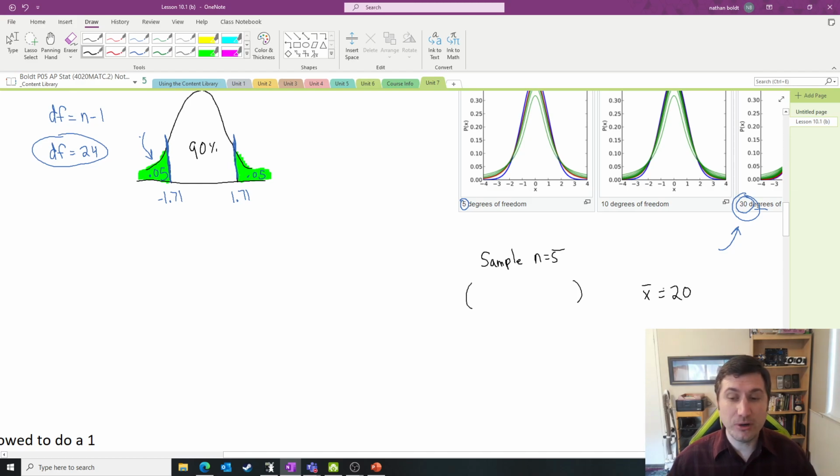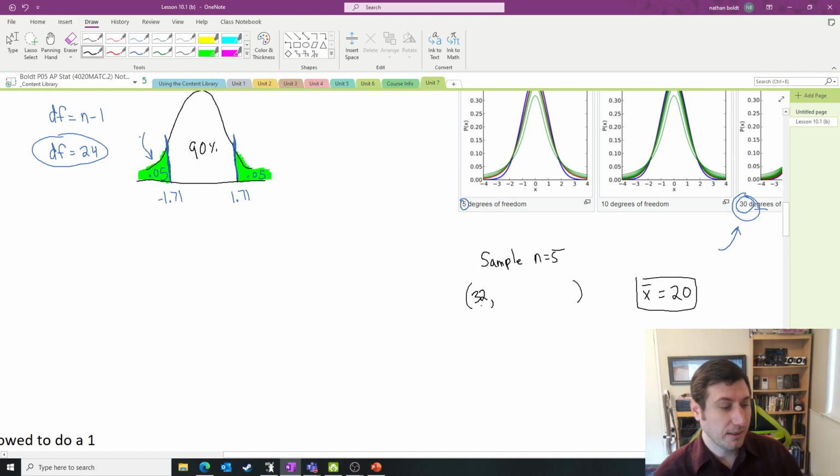If you add up all those numbers, they equal 100. I'm going to pick the numbers now. The first number, I have the freedom to pick any number I want. 32. All right. I can still make the average 20, right? Could happen.